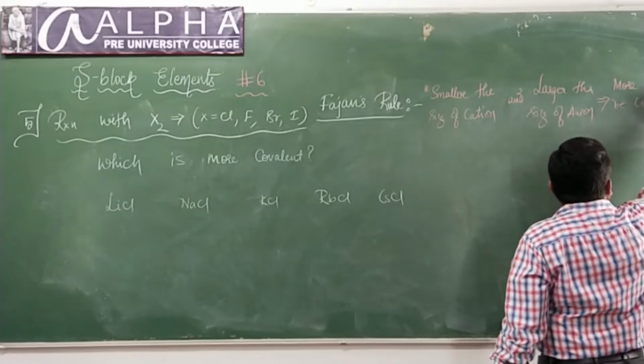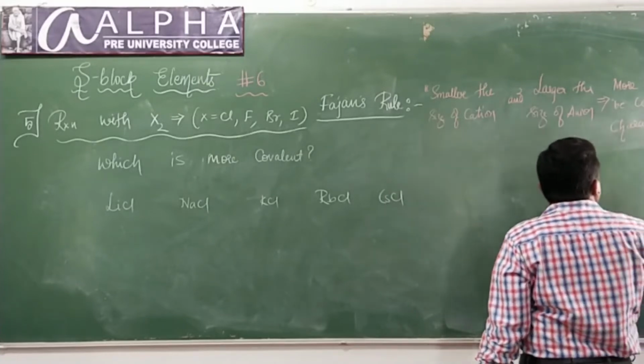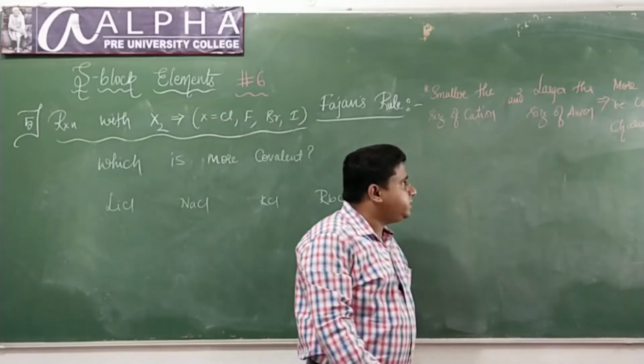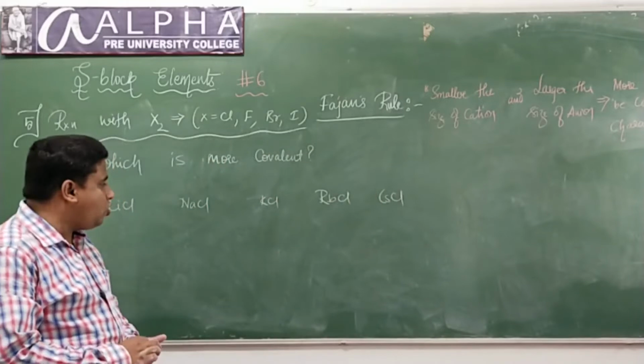Say yes or no? Smaller the size of cation, larger the size of anion, more will be the covalent character.